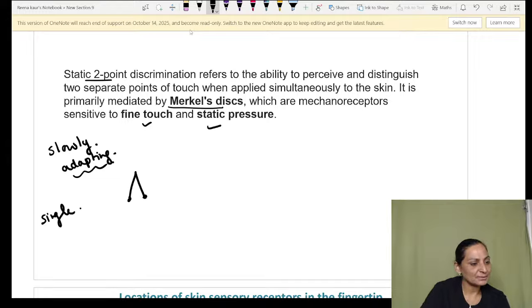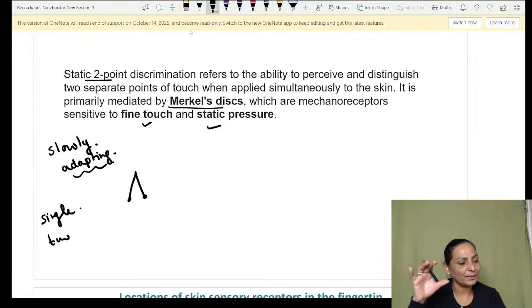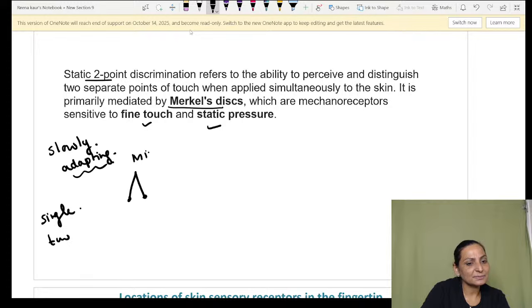single stimulus or 2-point. So here at the tip of the fingers, lips, in these areas there is lots of overlapping of the sensory modalities. So there the minimum distance which the person can perceive as 2-point is as low as 2 to 2.5 mm.